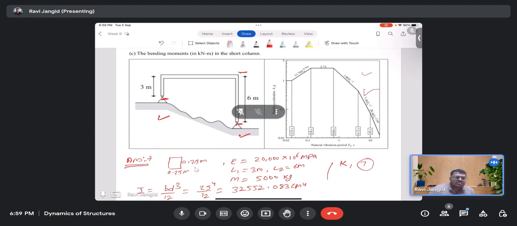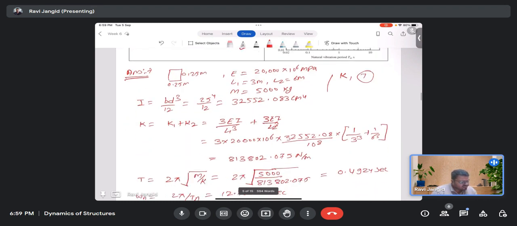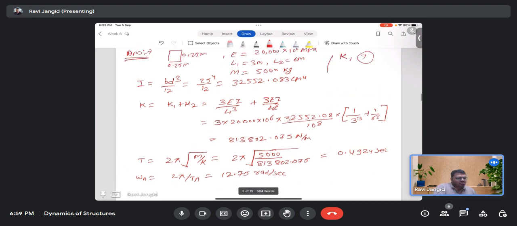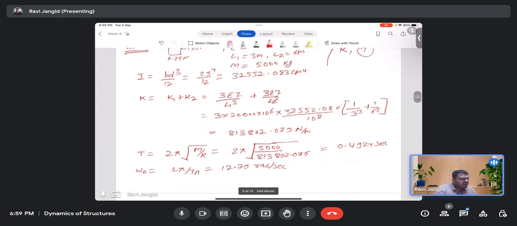In this question, if we calculate omega n, it is coming out to be 12.75. Now after getting the omega n, can you give me the A corresponding to that T? T is coming out to be 0.4924.